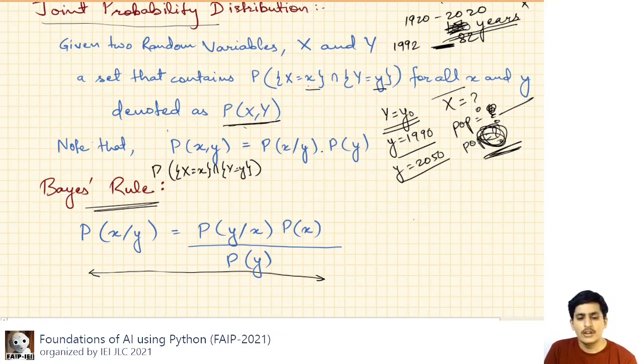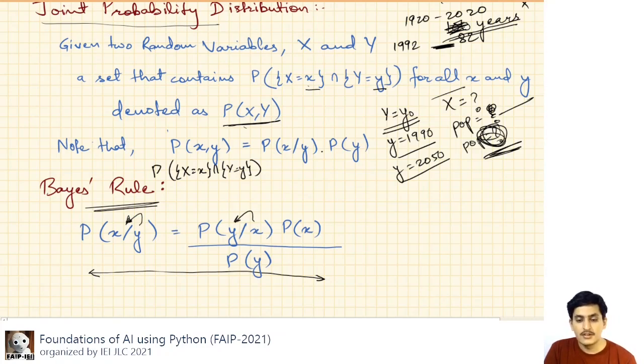But let me give you one inference of how this rule is useful for us. Let's say we have a relationship from x to y, and we want to know the relationship from y to x, because these are not the same thing in all cases.